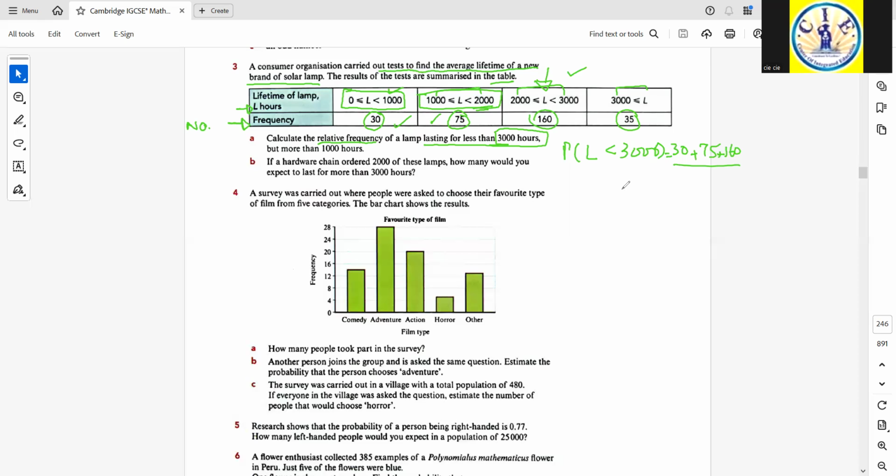Now for the total possible outcomes, we need to obviously add all these frequency values. So adding them up, we get 30 plus 75, which is 105, plus 160, 265, plus 35, which is 300.